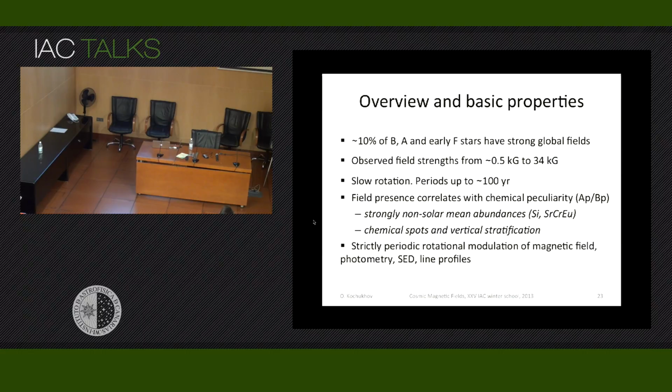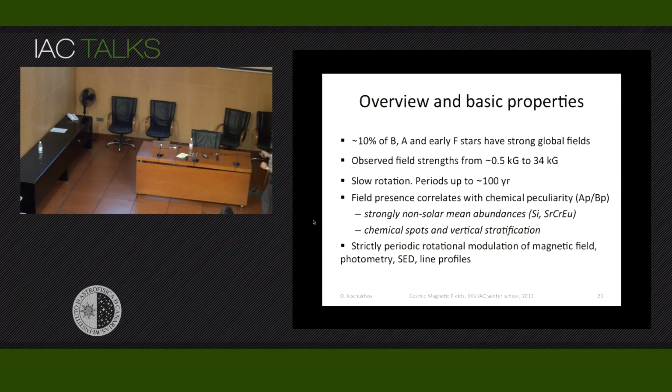They have magnetic fields which seem to be globally organized. And very often, as you will see later, magnetic fields can be roughly described as dipoles which are oblique relative to the rotation axis of the star. So something similar to the magnetic field of the Earth, but usually with more inclination.